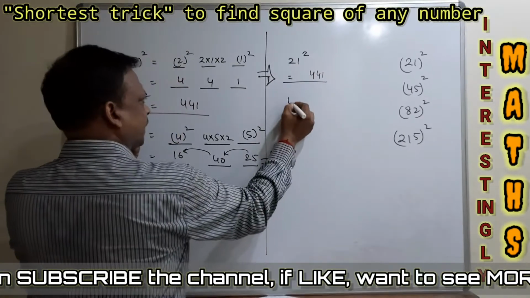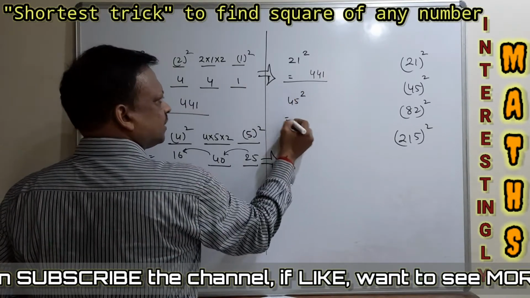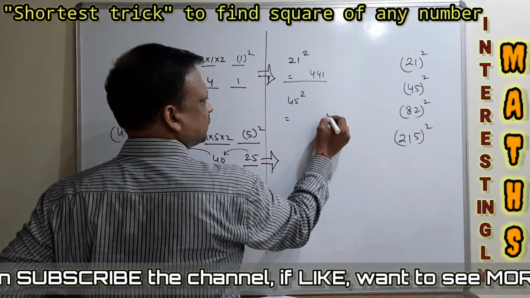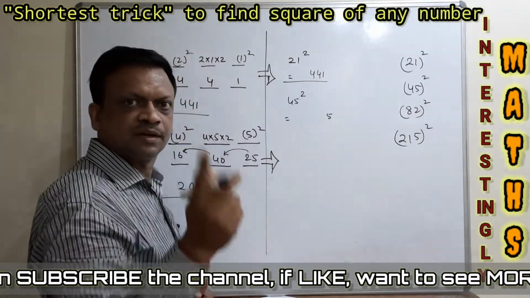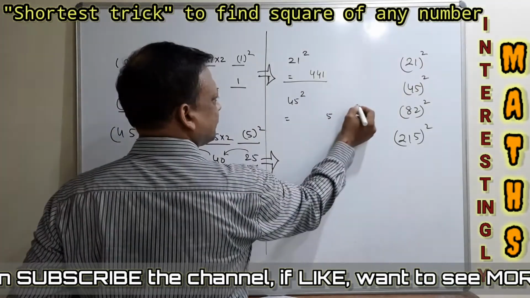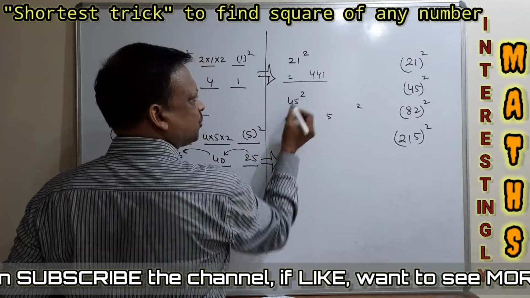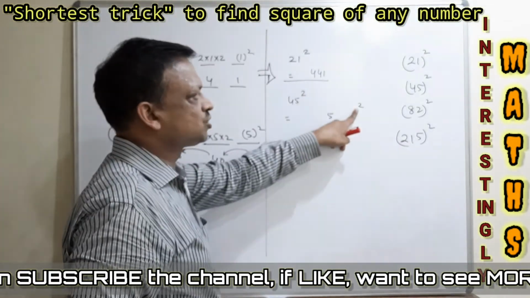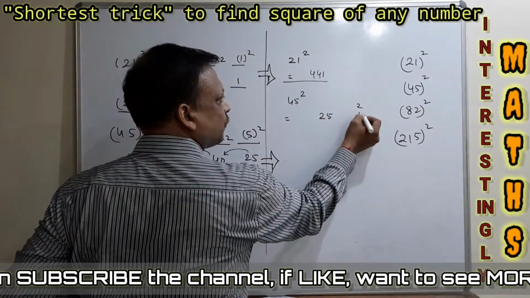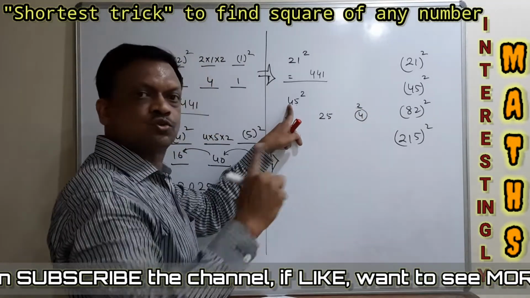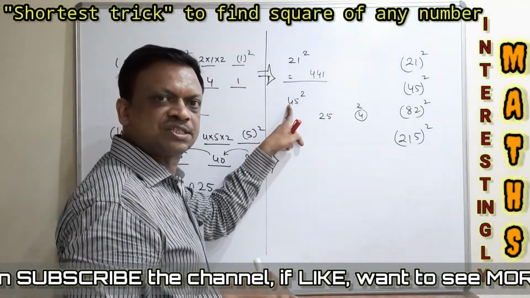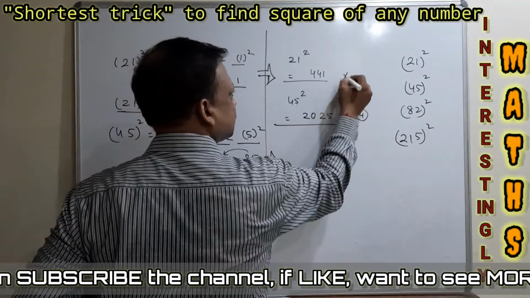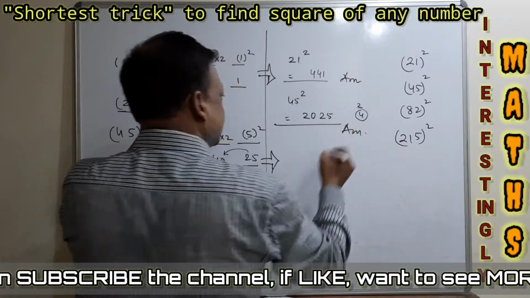Answer 441. See, for 45: 5 square is 25, so 5, and 2 is carry. 4 into 5 into 2: 4 into 5 is 20, into 2 is 40. 40 plus 2 is 42, 4 is carry. 4 square is 16. 16 plus 4 is 20. See, this is the answer. See how fast it is?